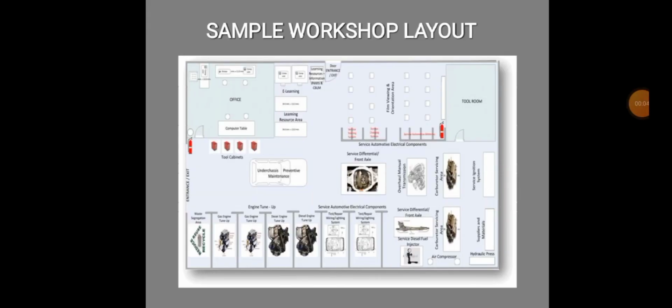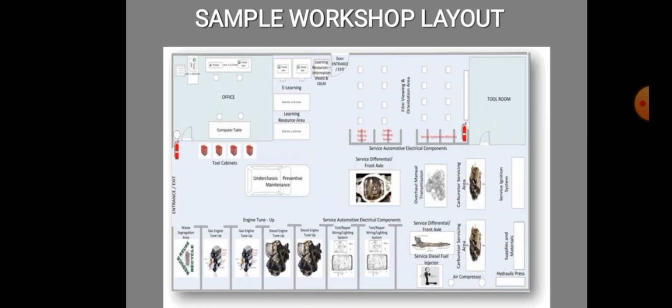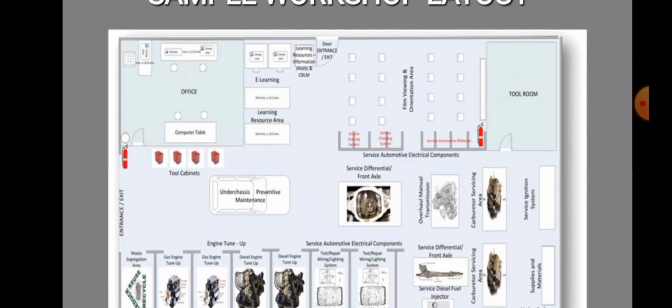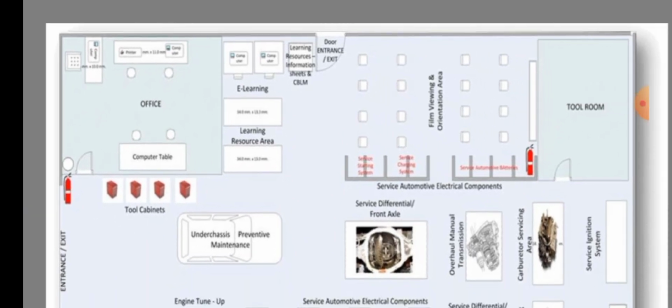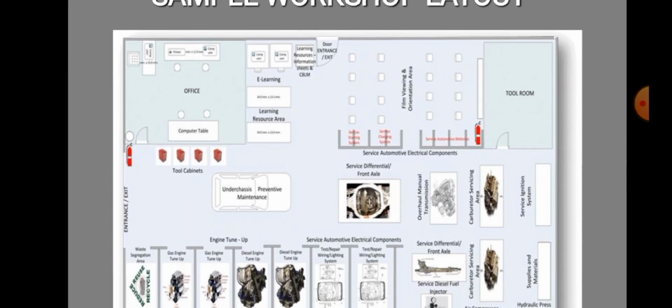Okay, here's a sample workshop layout. I think it is for the automotive service technician in C2. As you can see from the sample, you can see here the computer laboratory. You can see the learners resource area and the practical work area, assessment area, and contextual area.